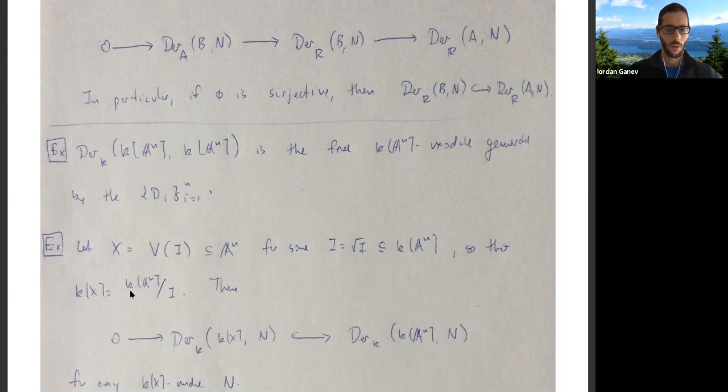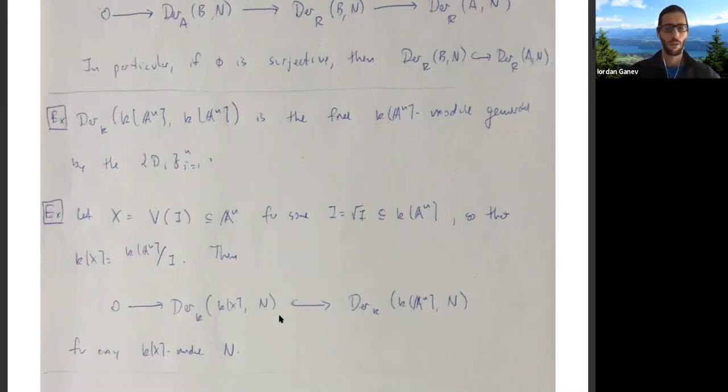Since the map from K[A^n] to K[X] is surjective, we get an inclusion of the derivations from the affine algebra of X to any K[X] module, into derivations from the polynomial algebra to that K[X] module. So we can think of those as a subspace.